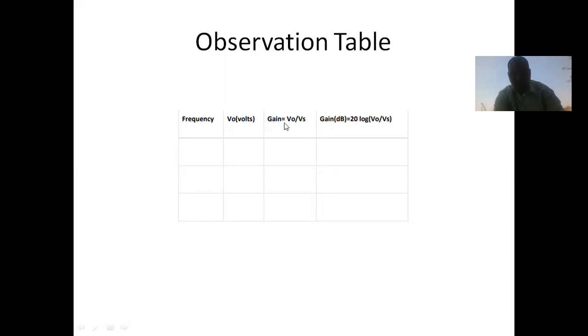Then gain, which is equal to V0 divided by Vs. Then the last, fifth column is gain in dB, which is equal to 20 log of V0 divided by Vs. You have to make five columns. Okay.